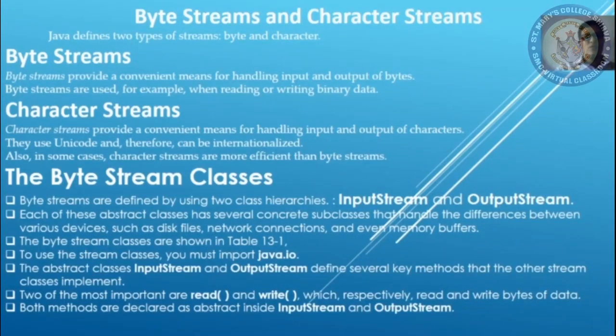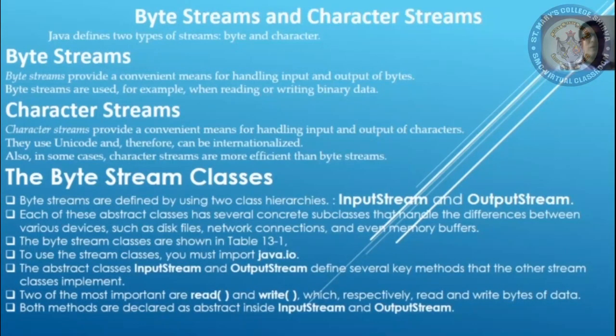Hence, it supports all kinds of languages present in the universe. Also, in some cases, character streams are more efficient than byte streams, since when we are not able to handle proper data by using binary, we can handle the data by using the character streams.